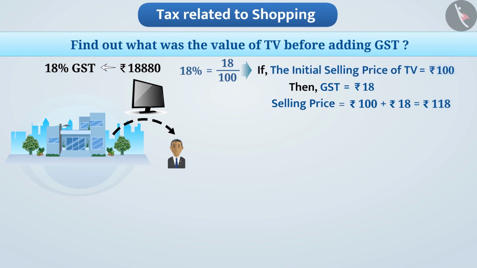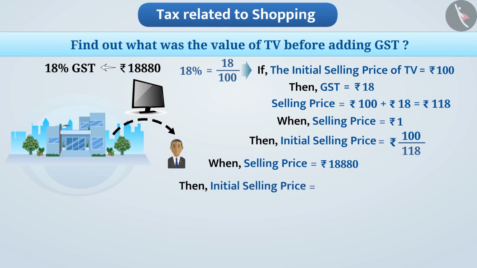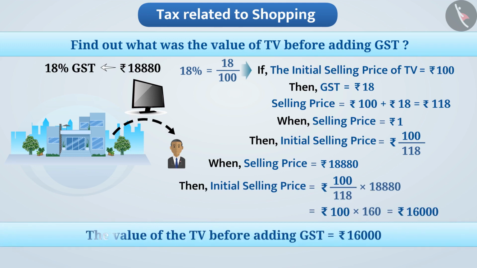In this way, when the selling price is 1 rupee, then the initial selling price will be 100 rupees divided by 118. In this way, when the selling price is 18,880 rupees, then the initial selling price will be like this. In this way, the value of the TV before adding GST was 16,000 rupees.